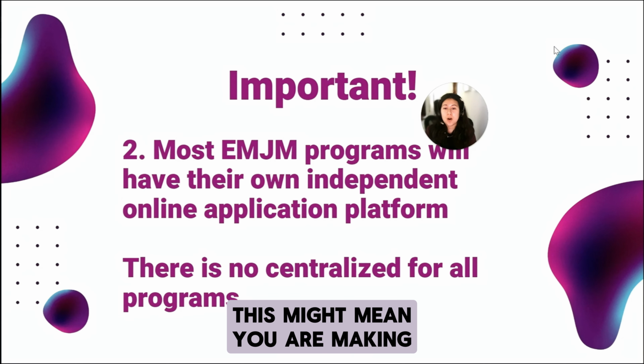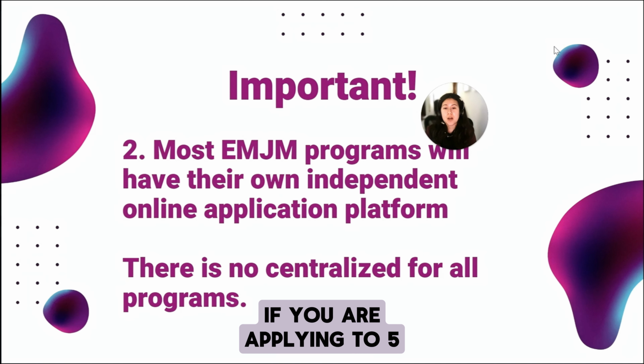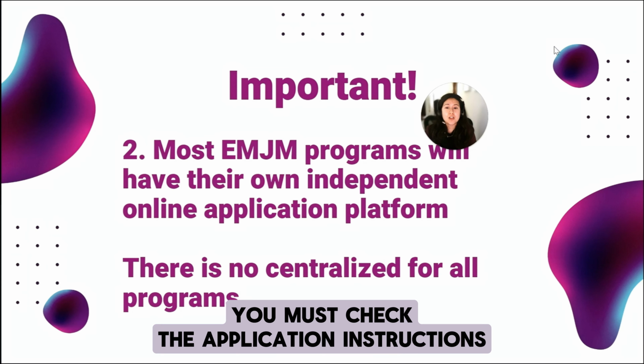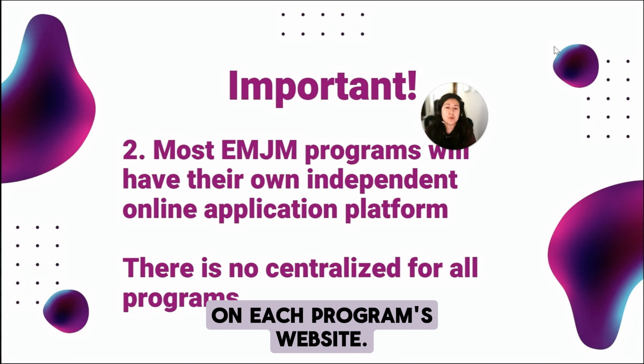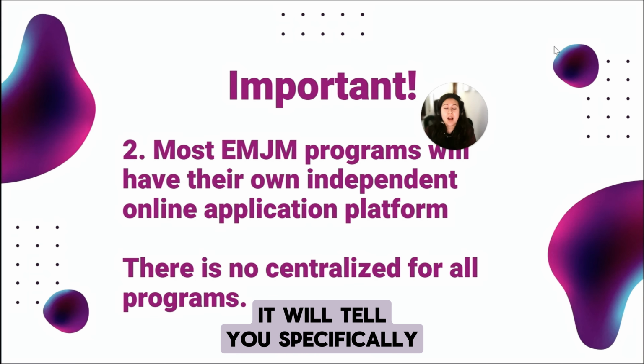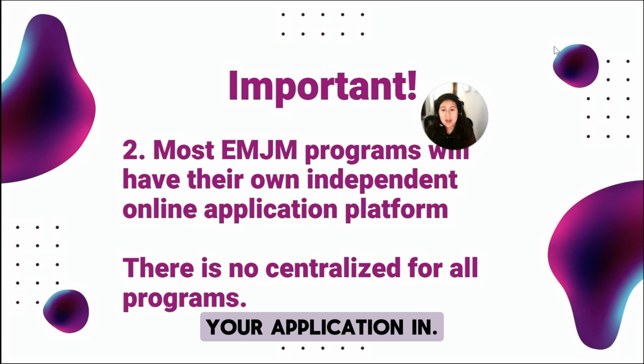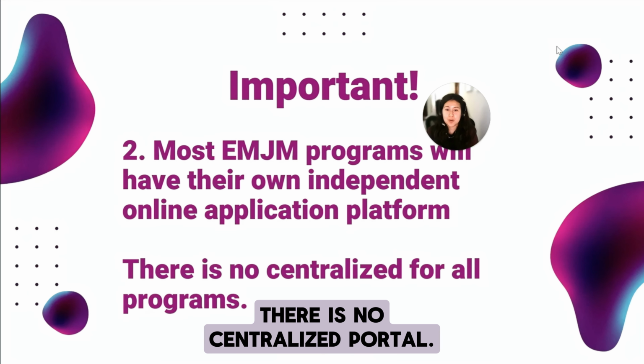This might mean you are making 5 different accounts if you are applying to 5 different programs. You must check the application instructions on each program's website. It will tell you specifically how to send your documents and your application in. There is no centralized portal.